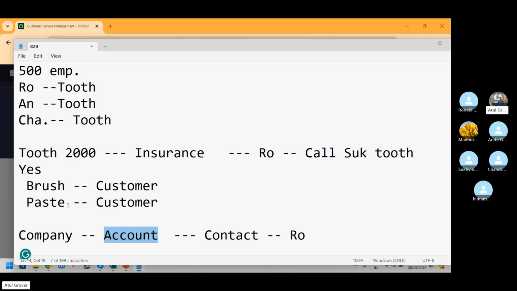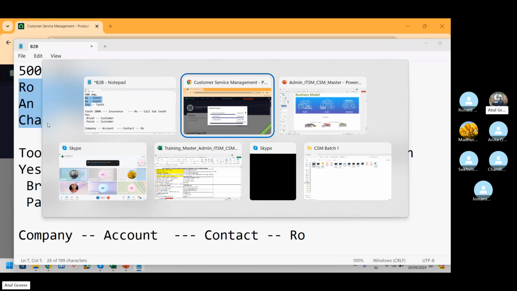In every account, I need one person who is my contact. Who is my contact? Primary and multiple. See, these three people are my contacts, but primary is only Ronald. It's a simple thing, let's take an example.